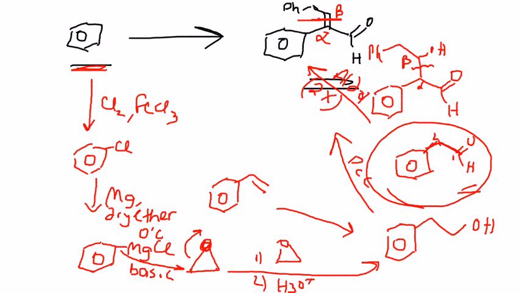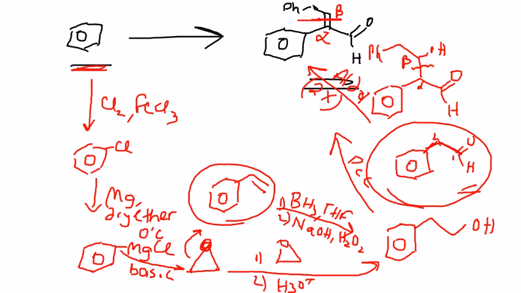Another alternative would be, like I said, if you can generate this styrene and subject that to BH3·THF and treat that with sodium hydroxide and H2O2, that too will give you the desired alcohol.